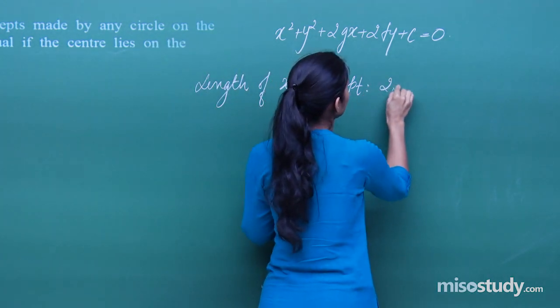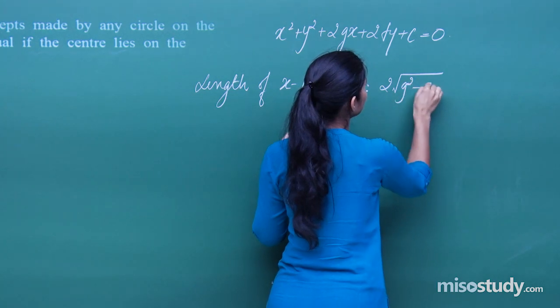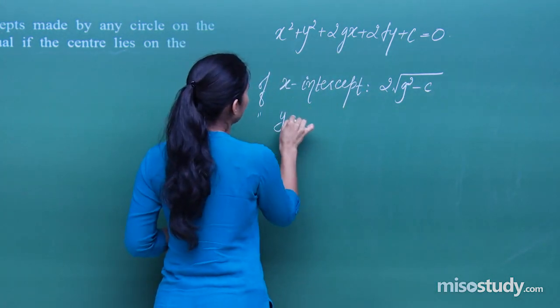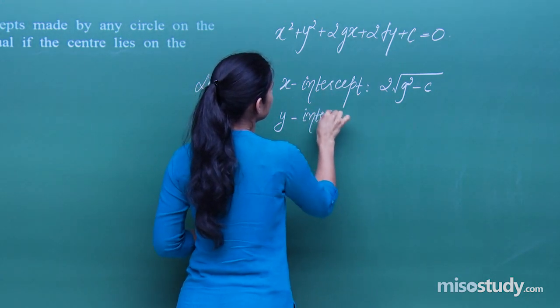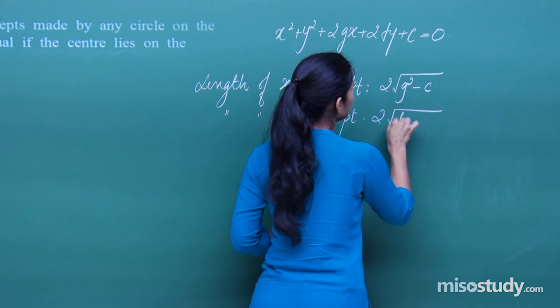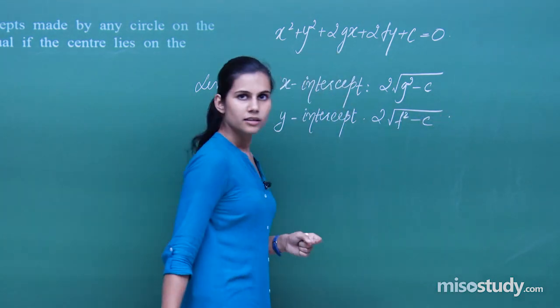It is 2√(g² − c). We've done it, right? What is the length of the y-intercept? It is given by 2√(f² − c).